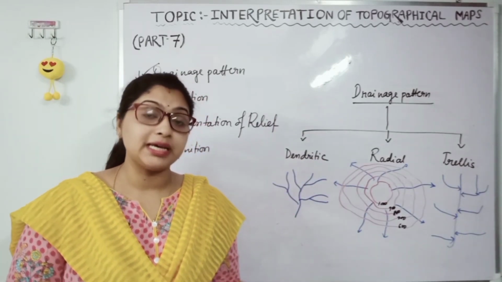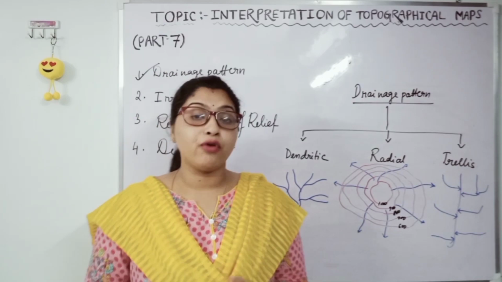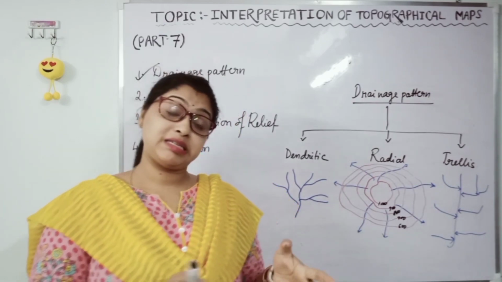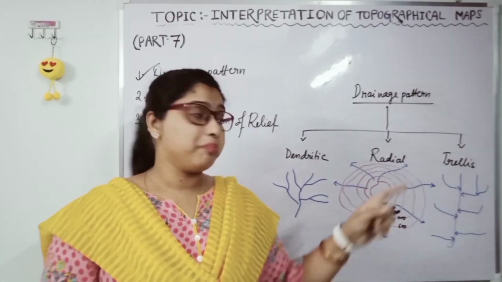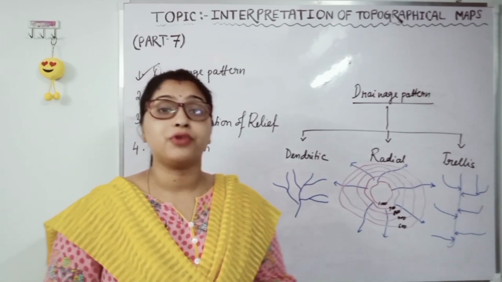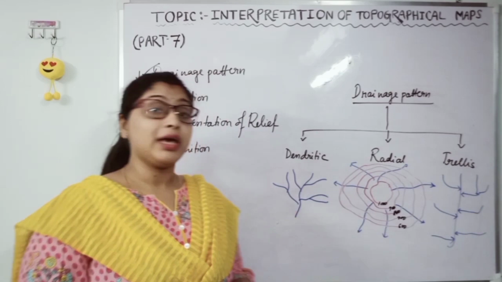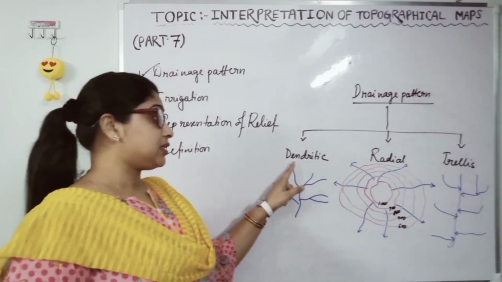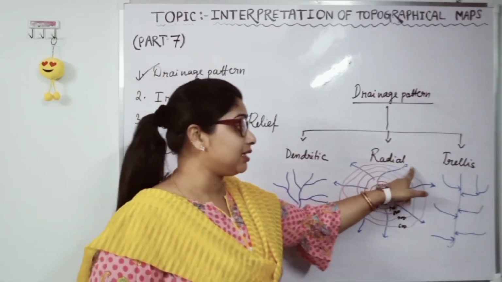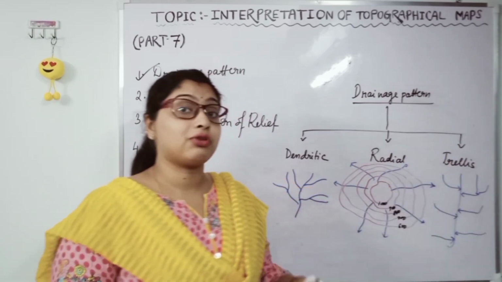What is drainage? Basically the area which is drained by the river and its tributaries is known as drainage basin. Mainly 3 kinds of drainage pattern we can see in our map: first is dendritic, next is radial, number 3 is trellis or trellised.